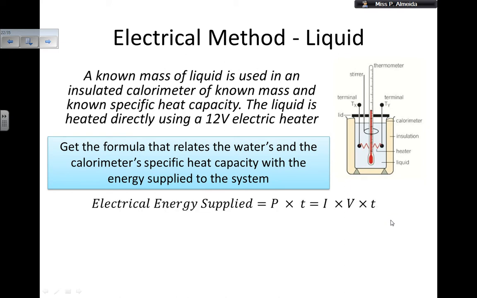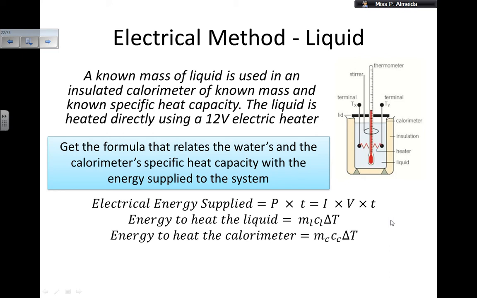How do I figure out the specific heat capacity? The electrical energy that I supply is the same. So it's power times the time. Therefore, it's going to be the current times the voltage or potential difference times the time that I apply the heat, okay? The energy to heat up the liquid is going to be the mass of the liquid times the specific heat capacity of the liquid times the temperature change of the liquid.